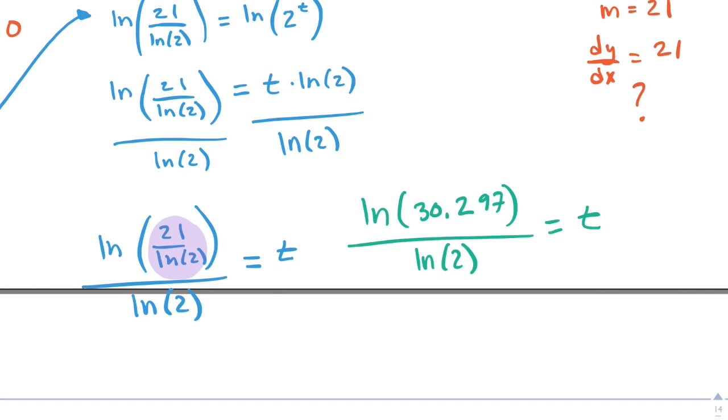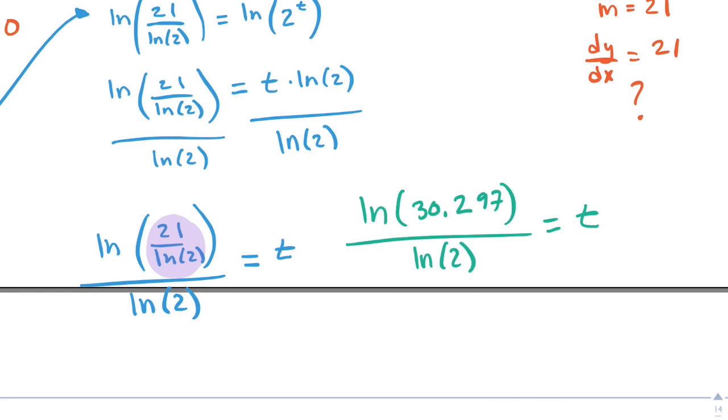So ln of that, 21 divided by ln of 2, is going to be 30.296. And then ln of second answer is about 3.411.